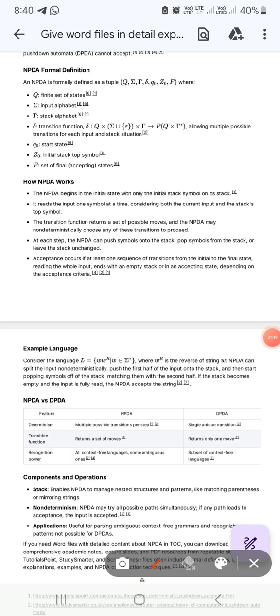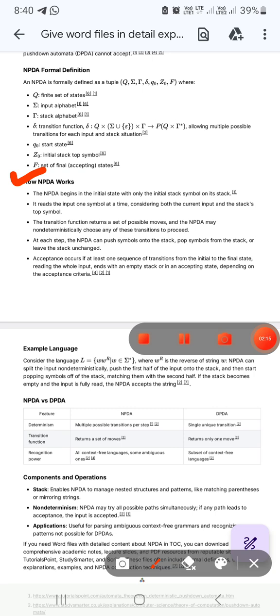Further, we will see how the NPDA actually works. NPDA begins in the initial state with only the initial stack symbol on its stack. It reads one input symbol at a time, considering both the current input and the stack top symbol. The transition function returns a set of possible moves, and the NPDA may non-deterministically choose any of these transitions to proceed.